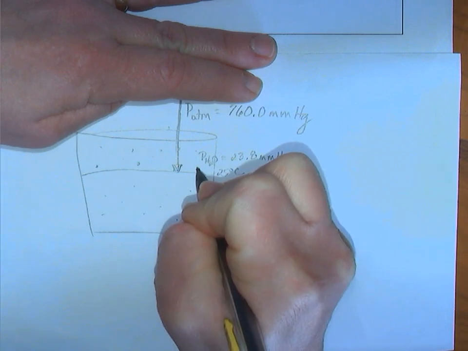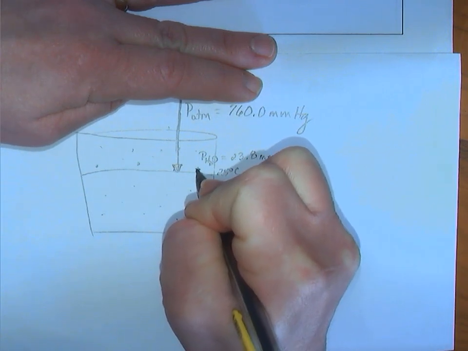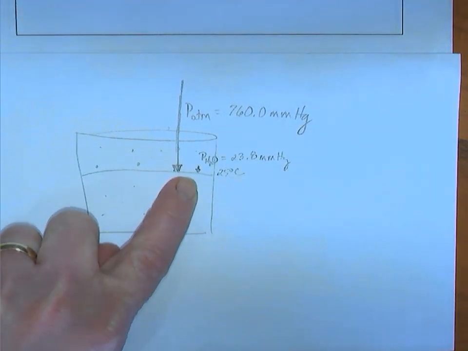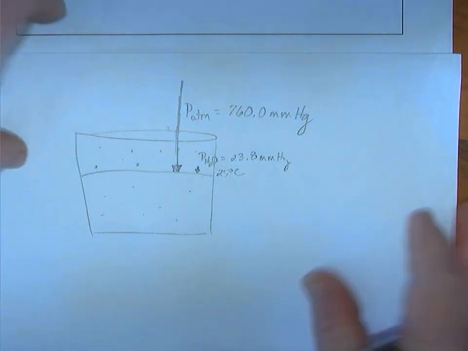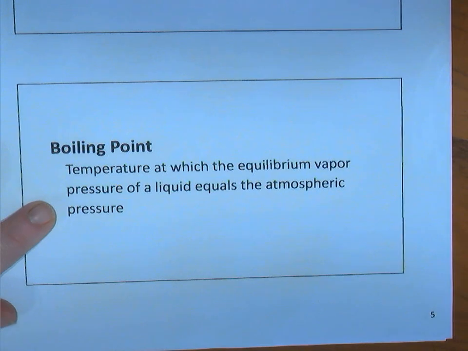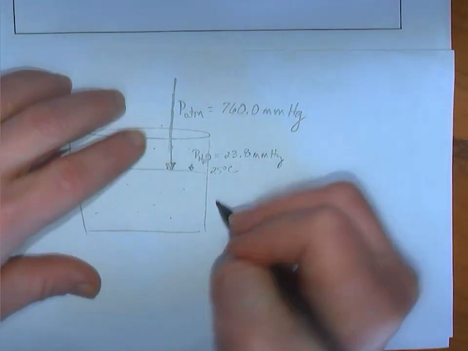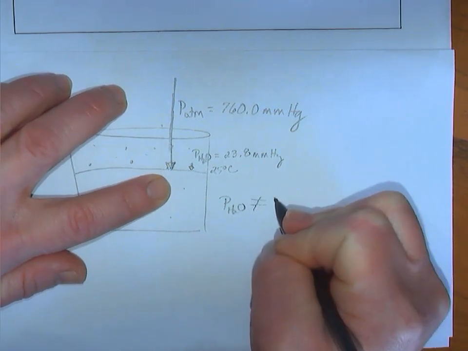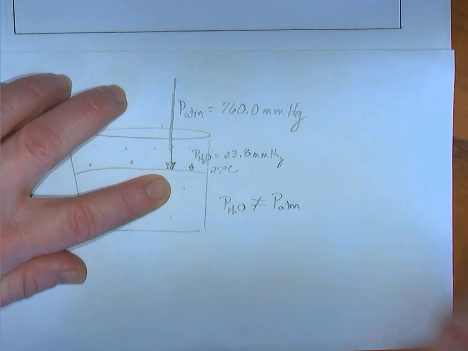It is minuscule in its size of force compared to atmospheric pressure. So, according to this definition, we are not boiling at 25 degrees Celsius because the vapor pressure of the water is not equal to the pressure of the atmosphere.